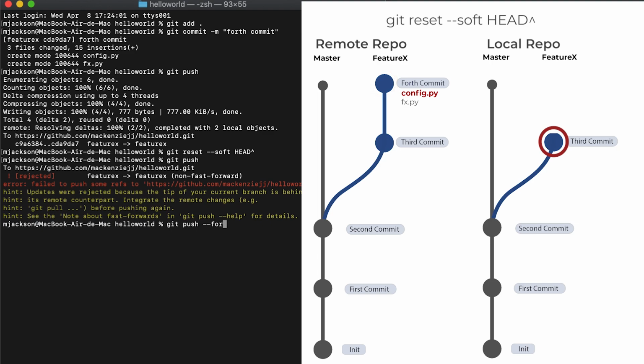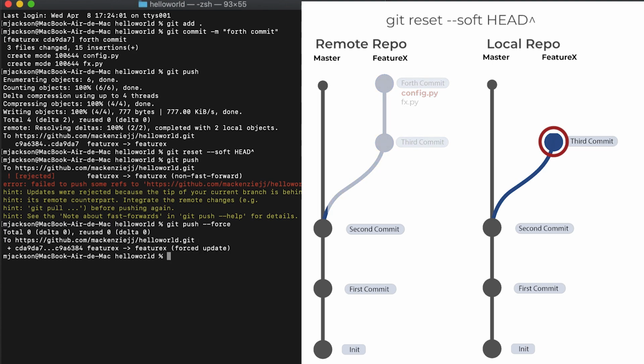So we can go git push force, and this will essentially force the remote repository to match the history on our local machine. This is extremely dangerous if you are working in teams, so please be careful. But this is the simplest way if you've quickly made a mistake, you immediately find out, and you want to revert back to the previous commit.